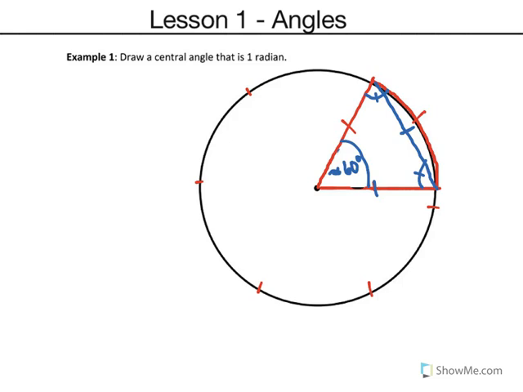And that's how we've used the radius to find the circumference of a circle. Whenever you find the circumference of a circle, C is equal to 2 pi r, so 2 pi times the radius.